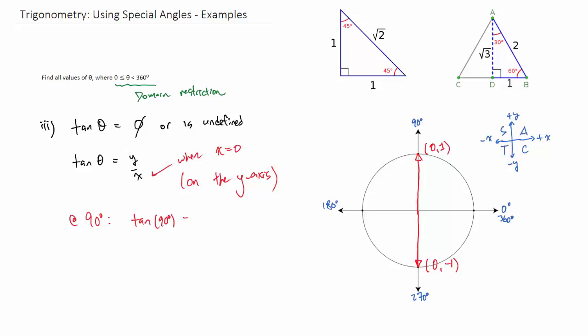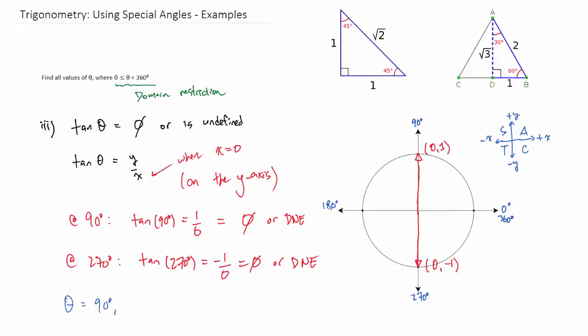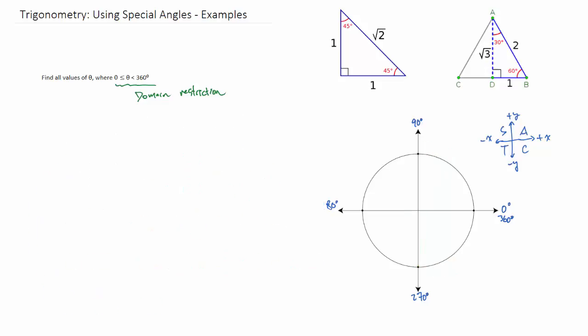So the two angle measures associated with this are 90 degrees or 270 degrees. So we say at 90 or 270, tan is undefined, or it does not exist, which is what DNE stands for. Another way to think about it is anywhere where cosine is 0, tan will be undefined.